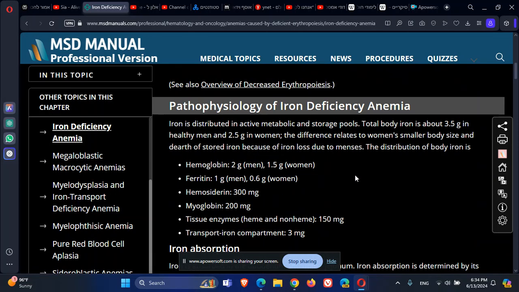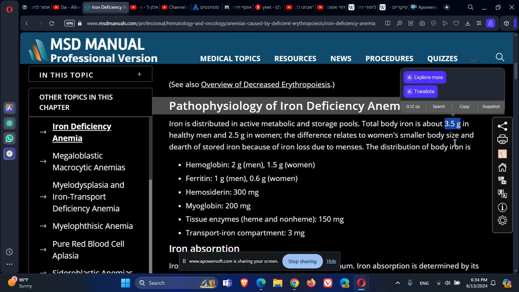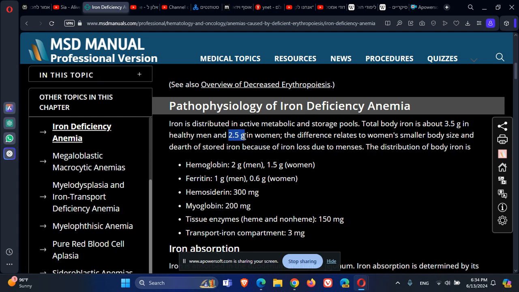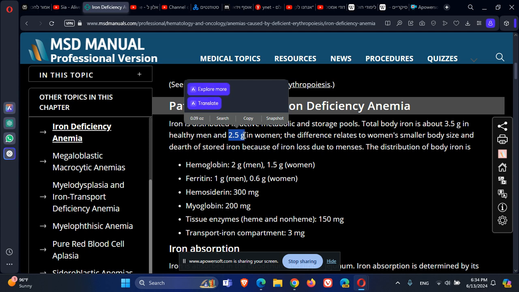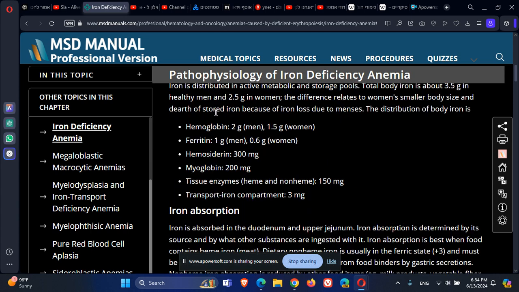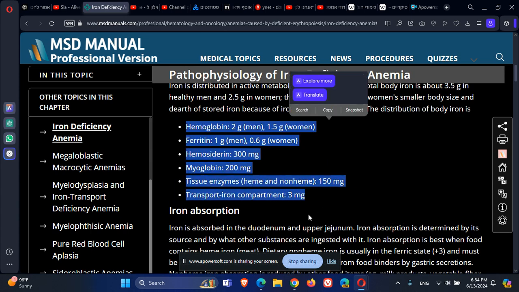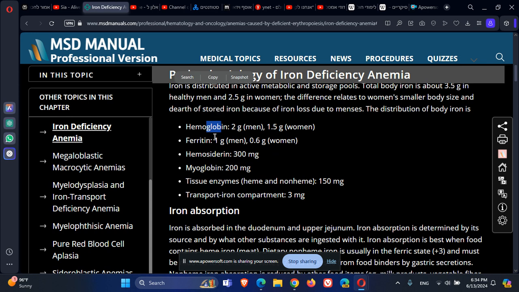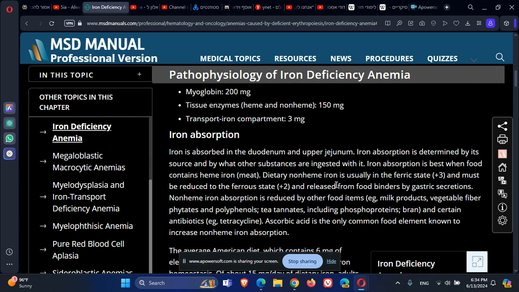Pathophysiology starts with considering where the iron is found most. There are 3.5 grams of iron in men and 2.5 grams in women, distributed in different places, where hemoglobin and ferritin hold the most iron in the body.